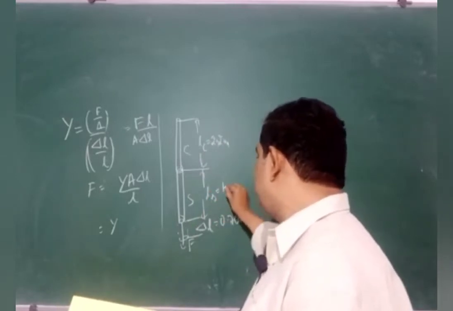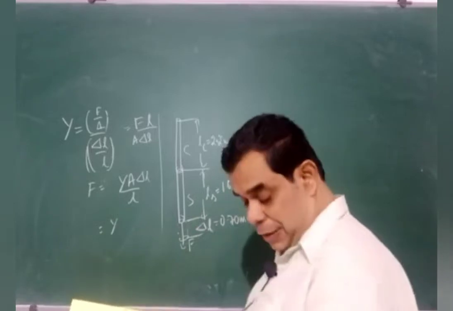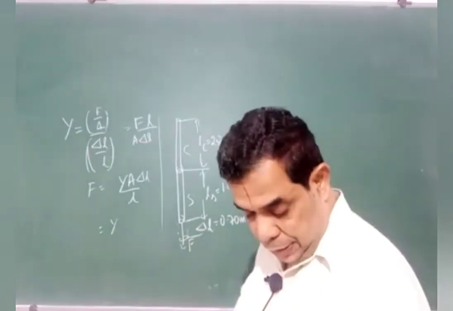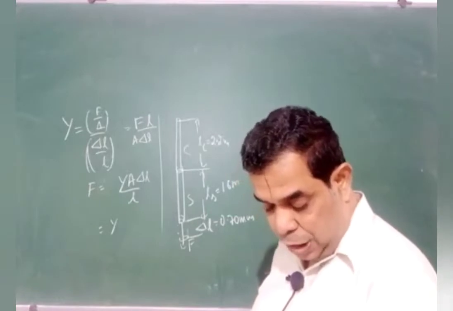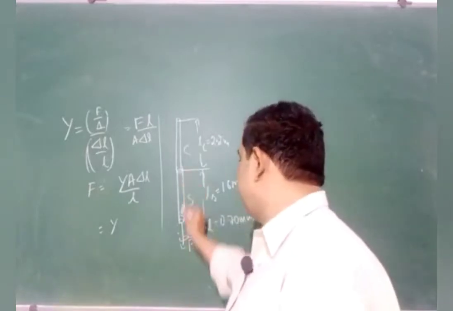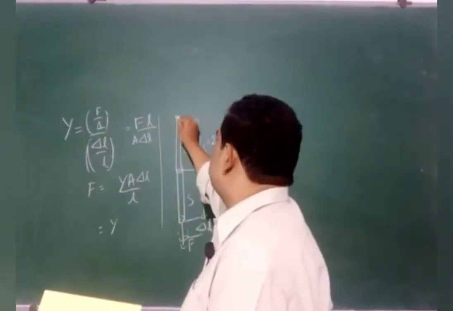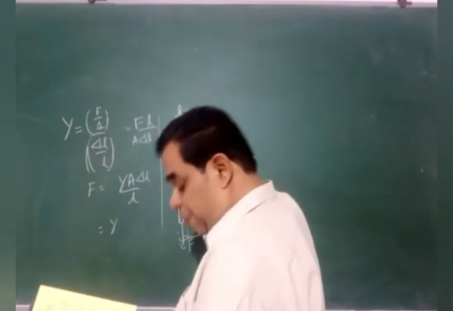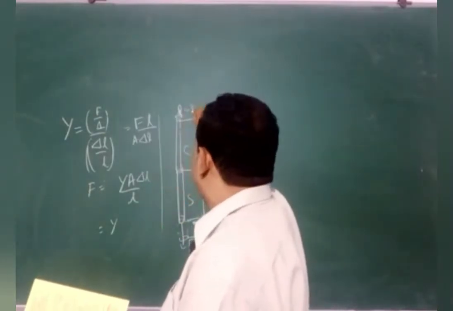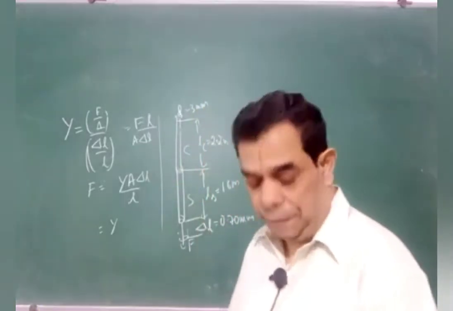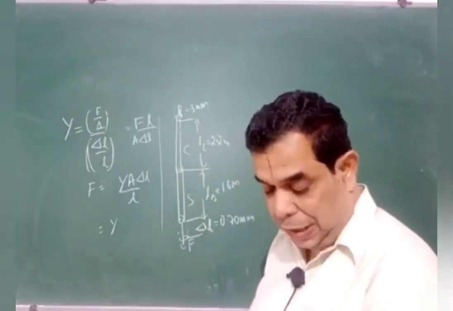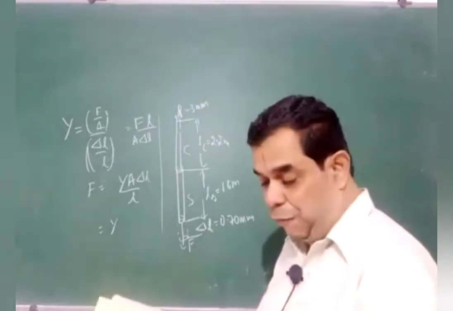S stands for steel. Obtain the load. Both of the things have the same diameter, which is 3 millimeter. So this is the data given there. And obtain the load applied. You are asked to calculate the F.